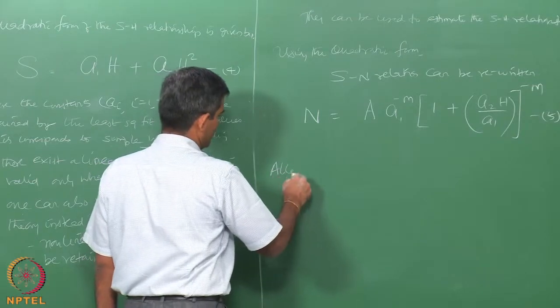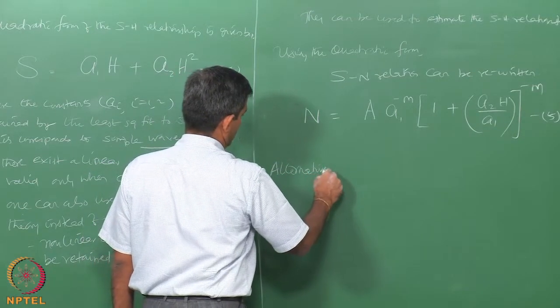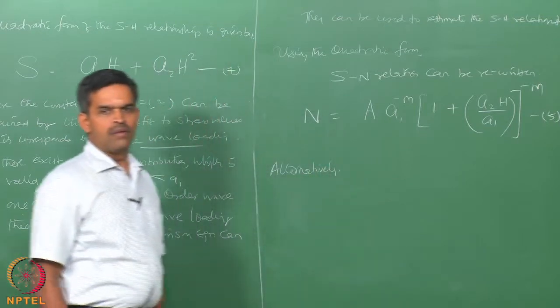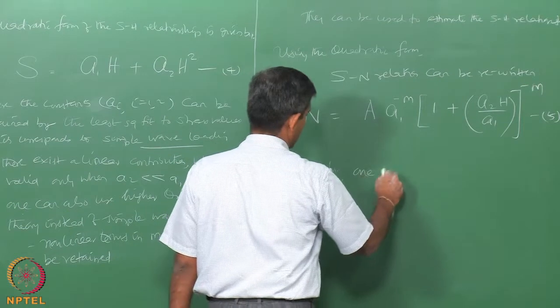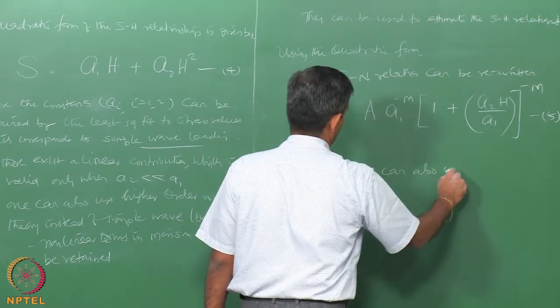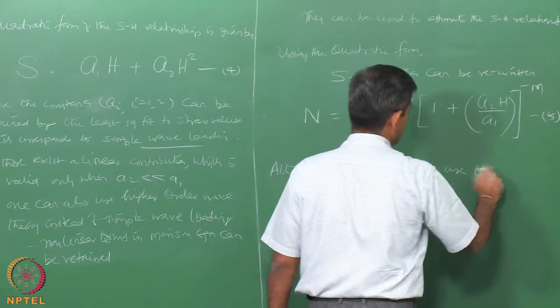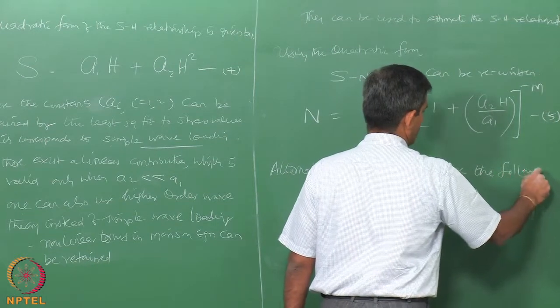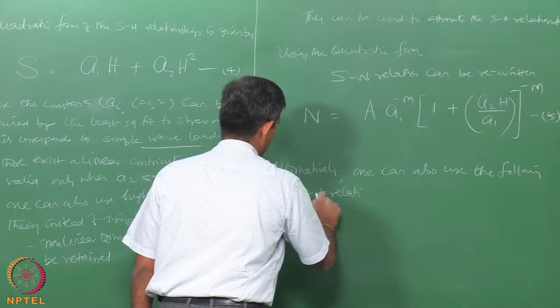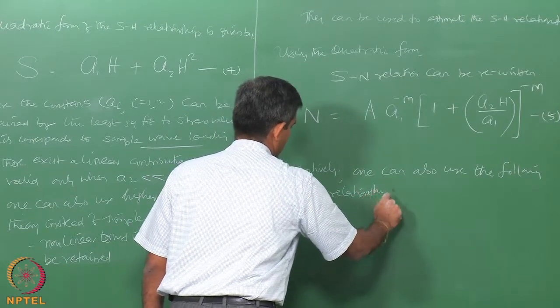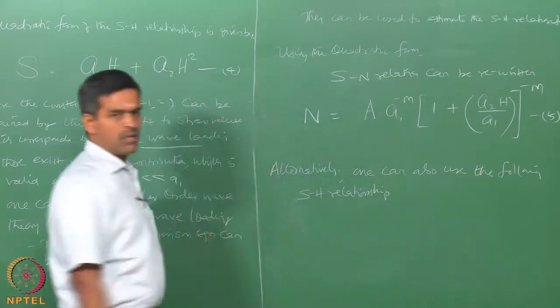Alternatively, one can also use the following SH relationship instead of a quadratic model.